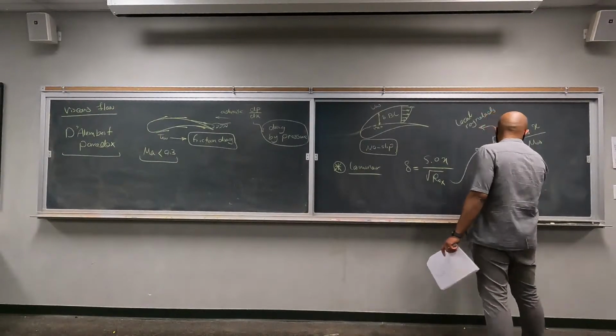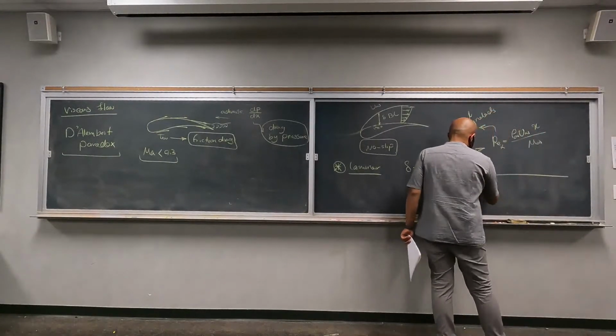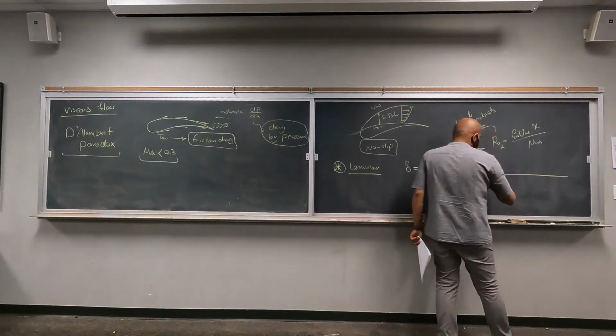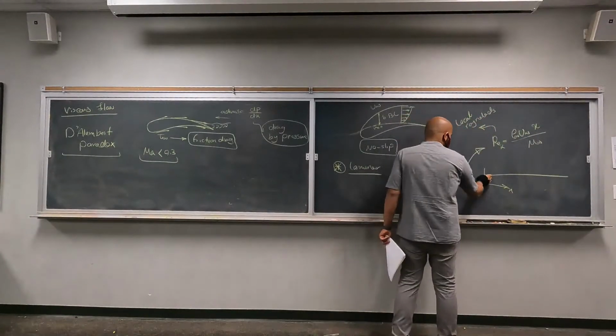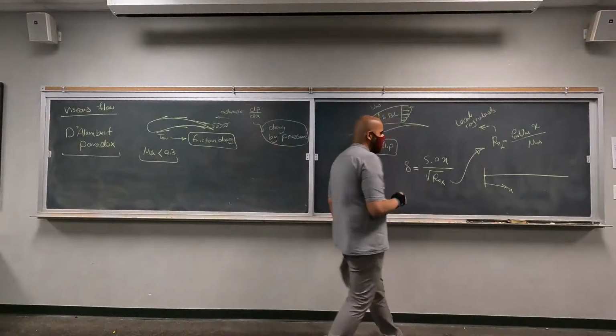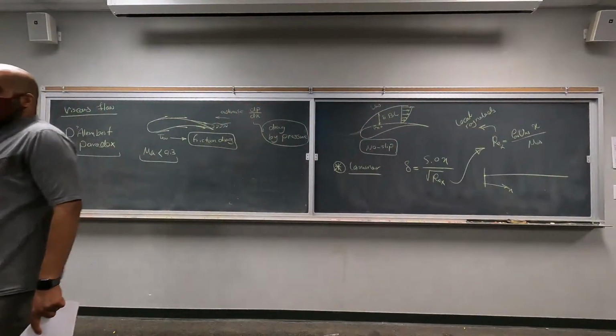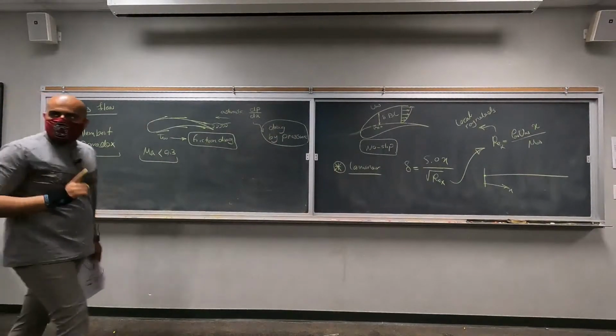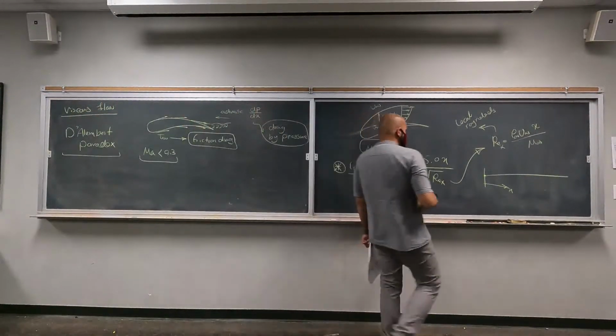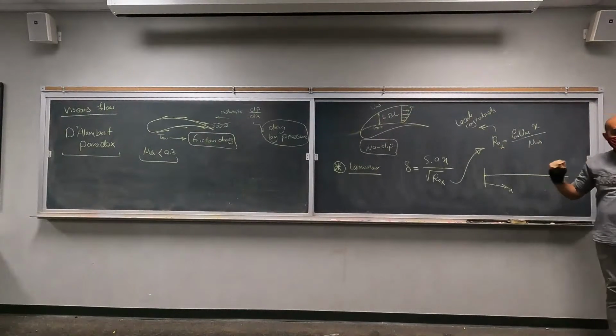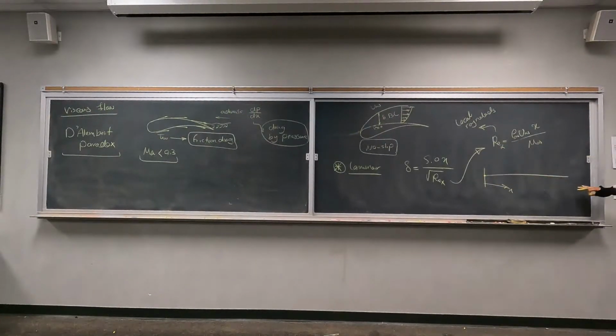So let's say we are moving on a flat plate, with the center of the coordinate system here. This is how you calculate Reynolds number. Reynolds number is a function of x. It means that this local Reynolds number is going to increase from 0 to a finite value, whatever the length of this plate is. Your maximum is going to be rho u infinity L divided by mu infinity, right? That's the Reynolds number of the plate.